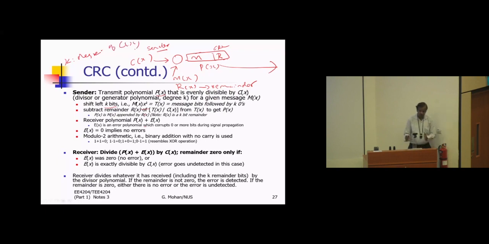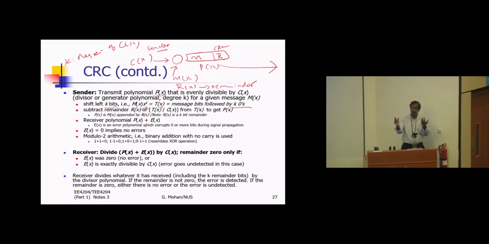We are going to shift it by k, and we represent this as m of x times x power k, let's call it t. When you are shifting it by k bits, that means you are adding k zeros. Am I correct? You take a binary number, if you shift it by 1, that means you are adding a 0 here.